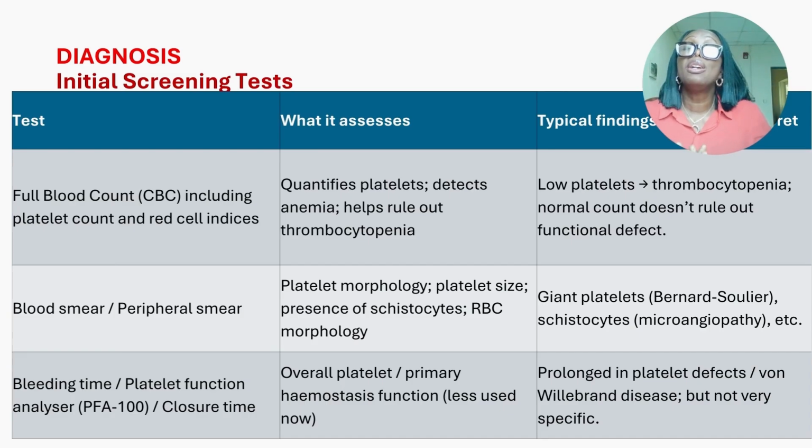Then we look at the peripheral blood smear. The blood smear helps us check platelet morphology and platelet size. Are we seeing giant platelets in the peripheral blood? Giant platelets are immature platelets. They show increased production of platelets, and might also be a marker of increased consumption.